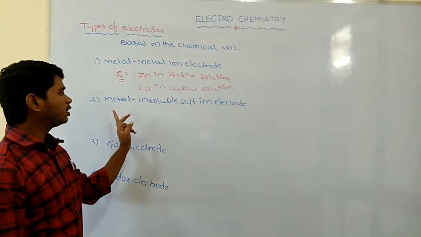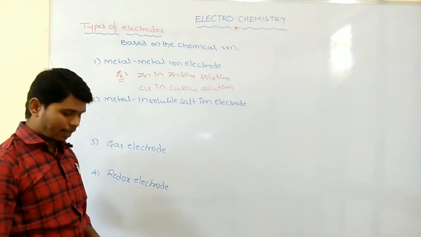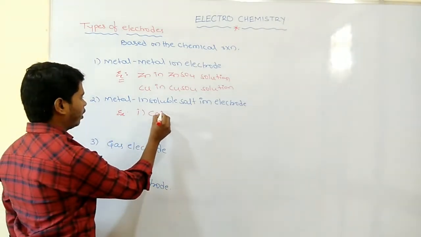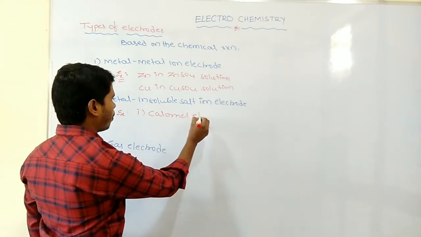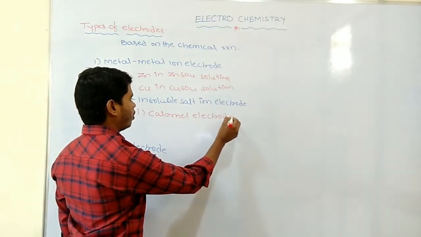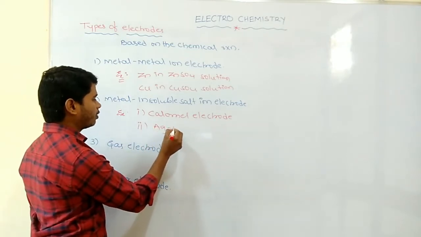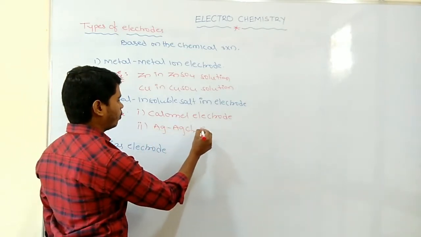Examples of a metal insoluble salt electrode are the calomel electrode and the silver chloride electrode.